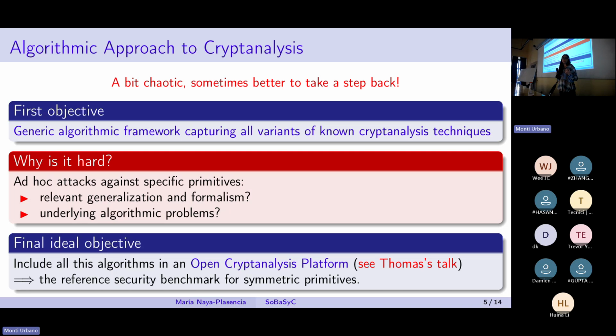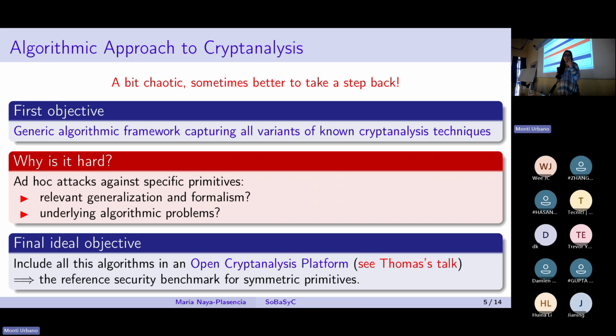And I think the way of doing this is to take a step back. For this, a first objective, related to the main topic of the workshop, finding automatic tools for performing cryptanalysis, for reaching the long-term goal that I think we would all like to achieve, is to propose a generic algorithmic framework that will capture all variants of known cryptanalysis techniques.